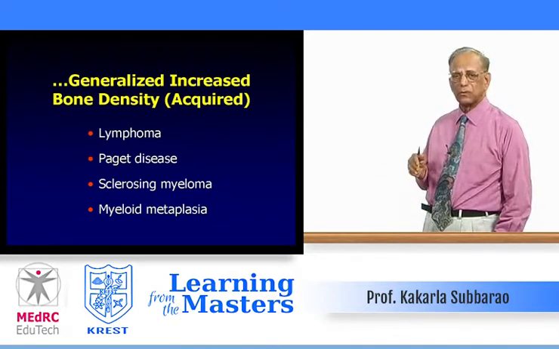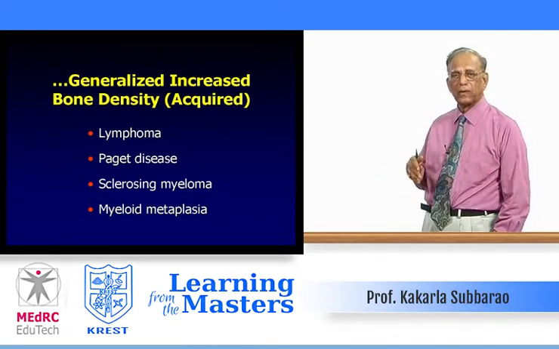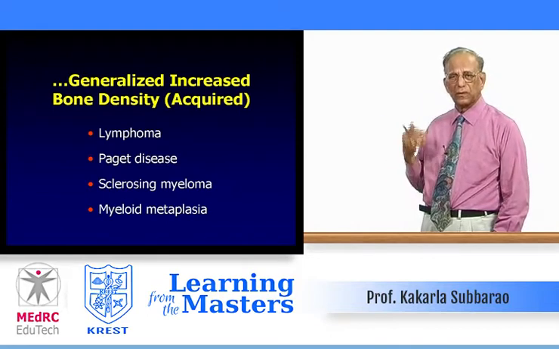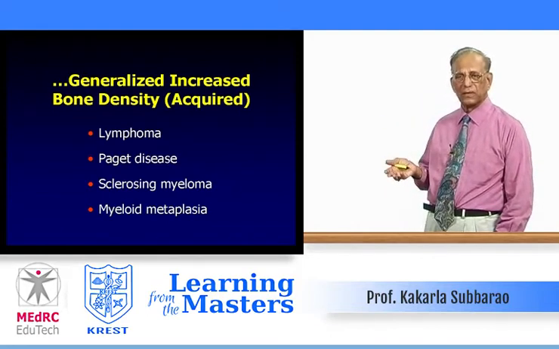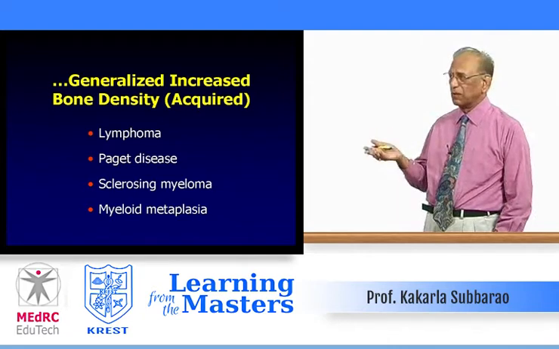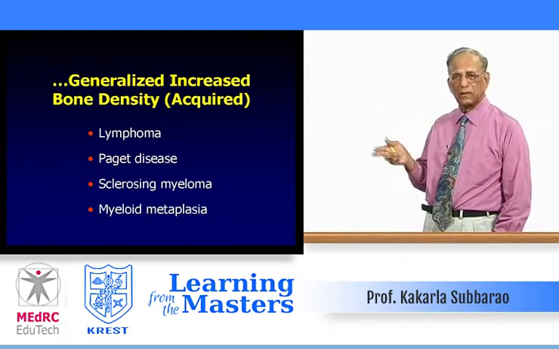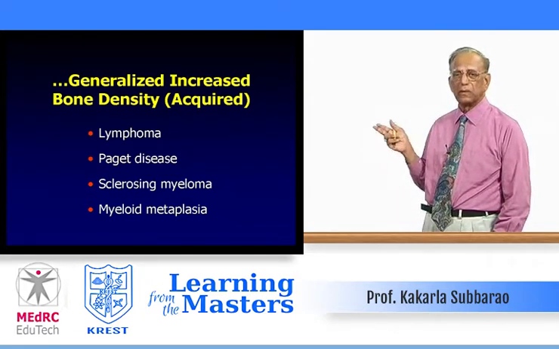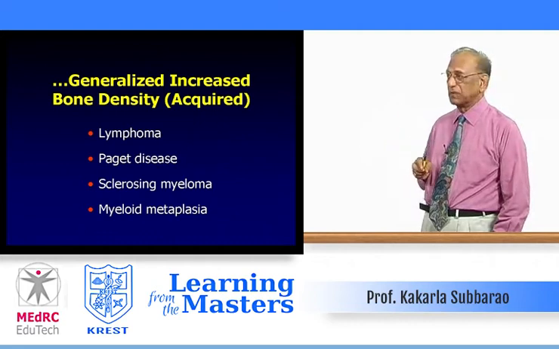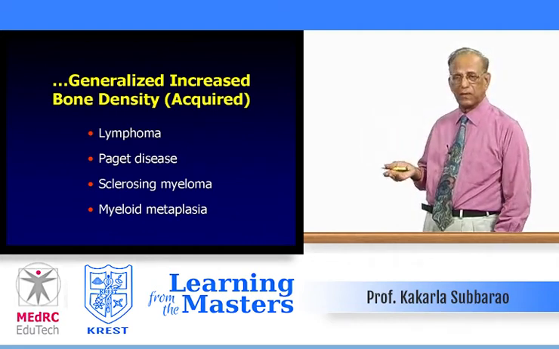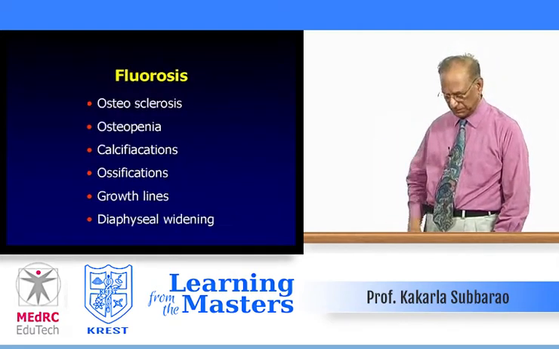Whereas in POEMS syndrome, where there is peripheral neuropathy, organomegaly, endocrinal changes, and myeloma, all these include sclerosing myeloma. Diabetes insipidus also may be seen. Myeloid metaplasia, either primary or secondary.